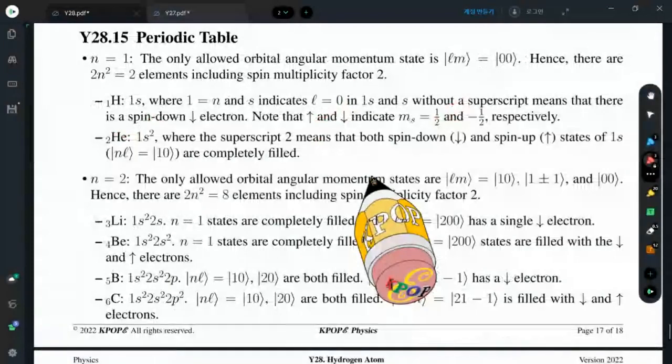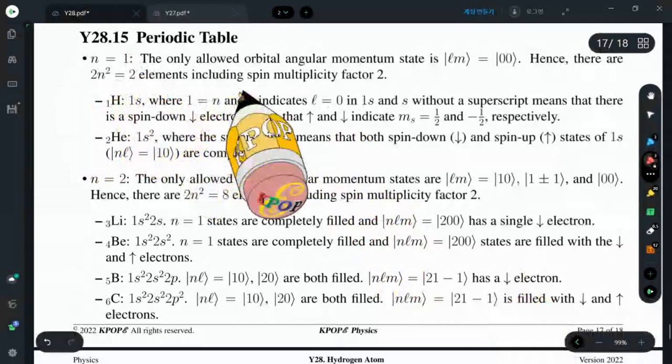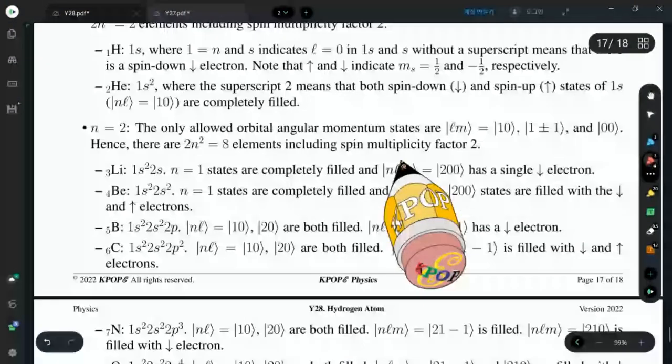So you can read through the basic nature of the periodic table understood in a quantum mechanical way.